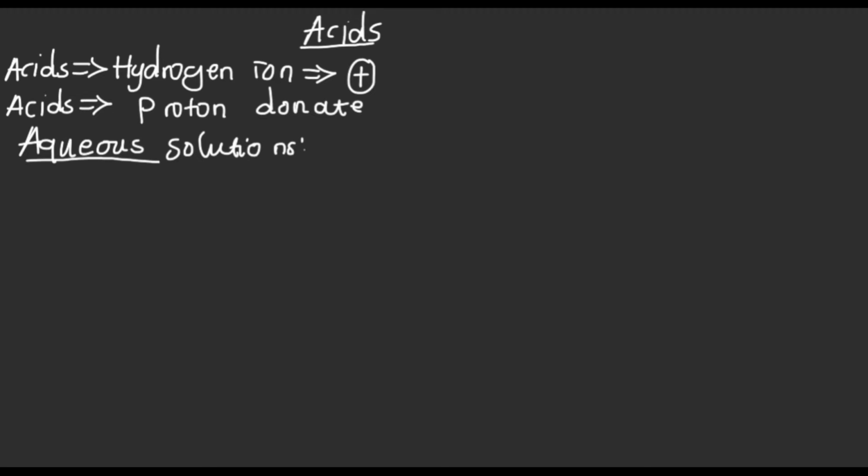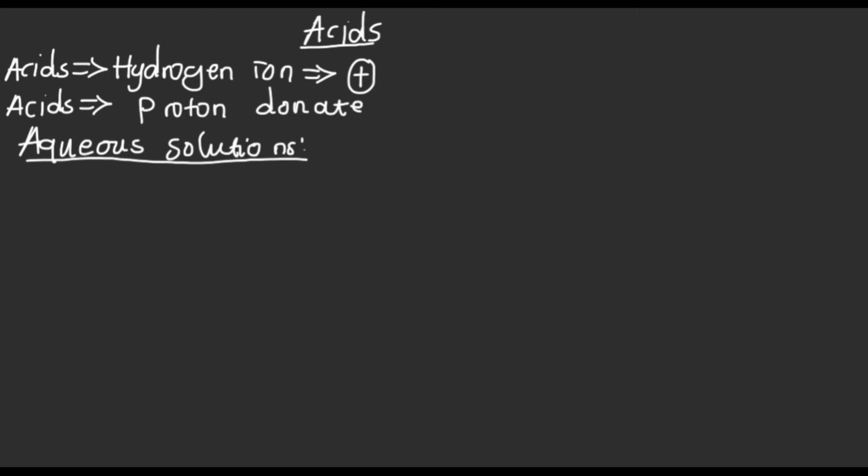The definition of an aqueous solution is a solution in which a substance is dissolved in water. So whenever we have a solute and it dissolves in water, the solution that forms will have a state of aqueous solution. Now this dissolving is chemically known as ionizing.